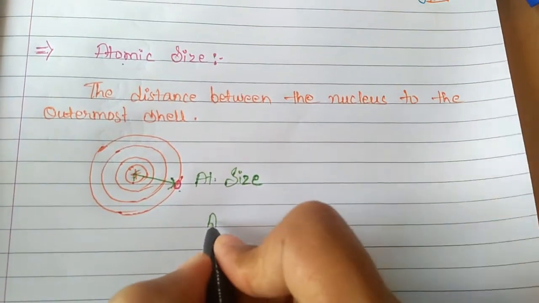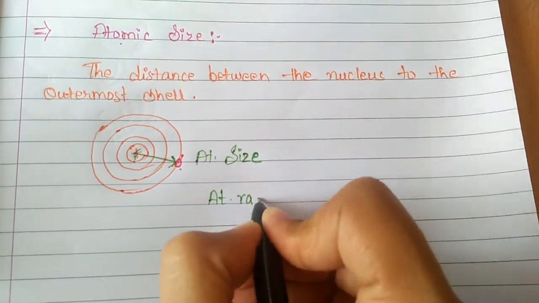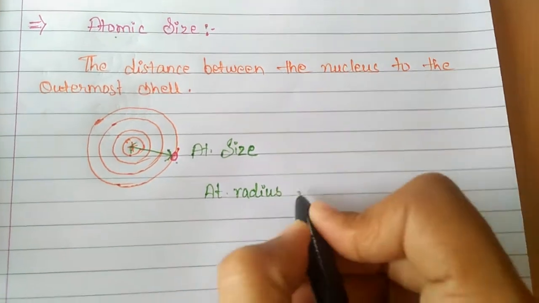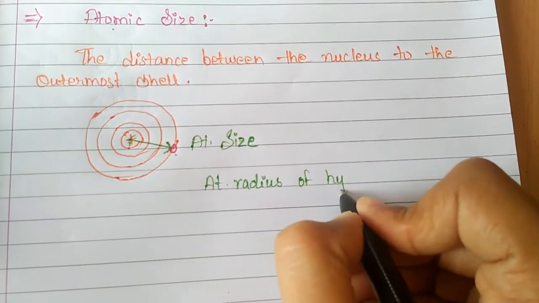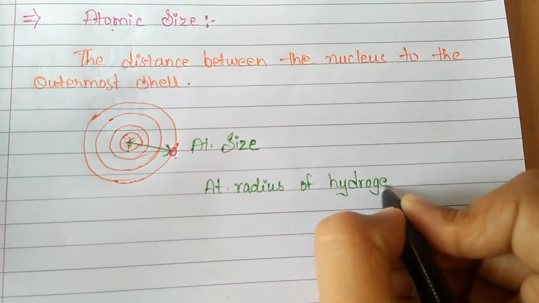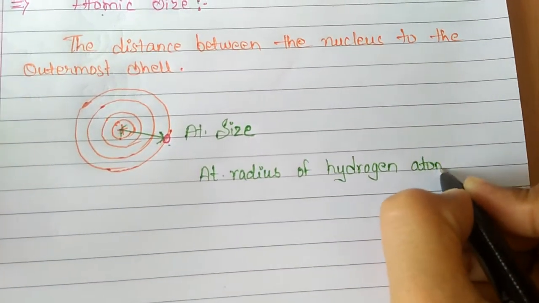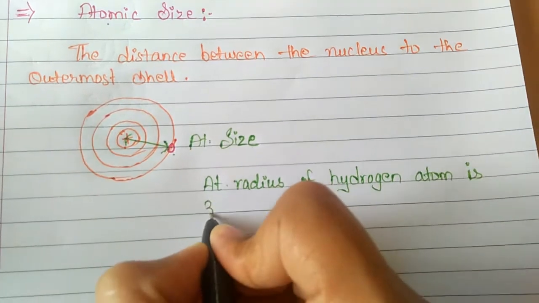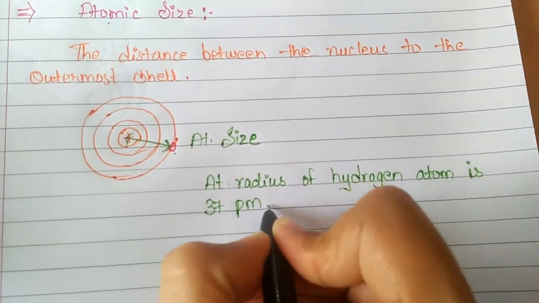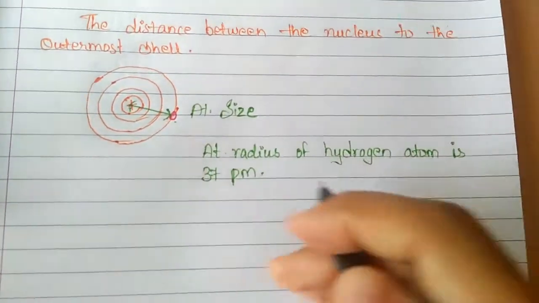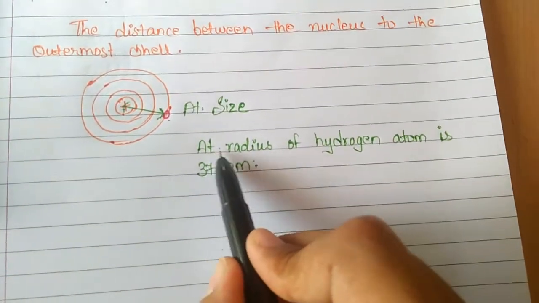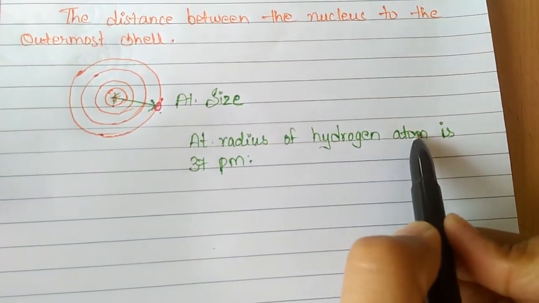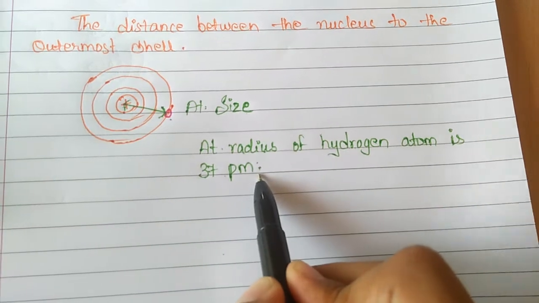If we talk about hydrogen, it has been experimentally found that the atomic radius of a hydrogen atom is 37 picometer.